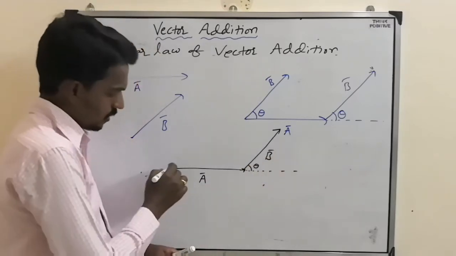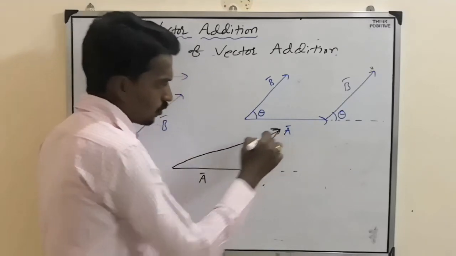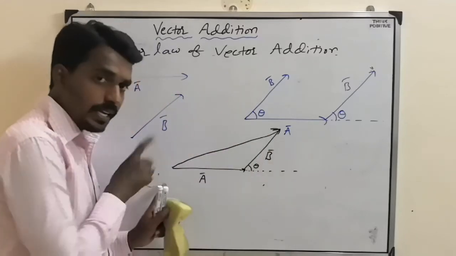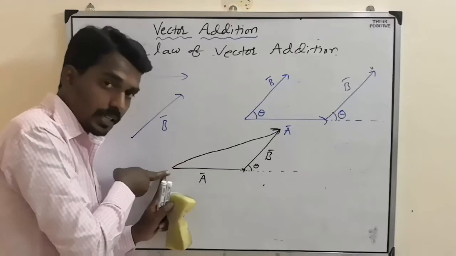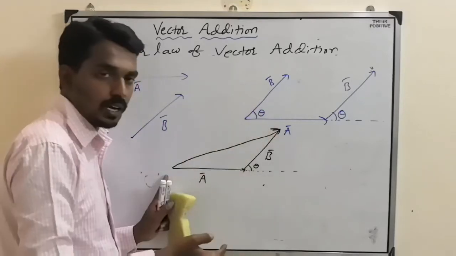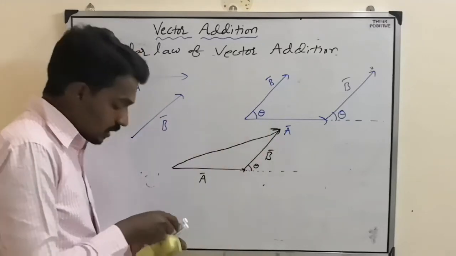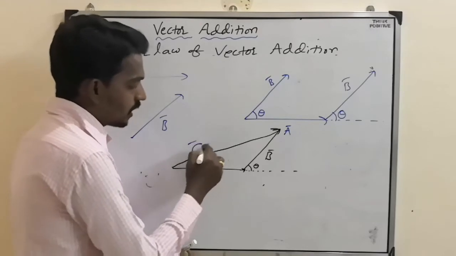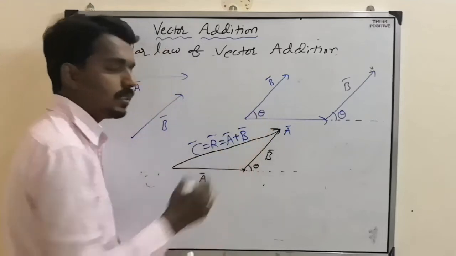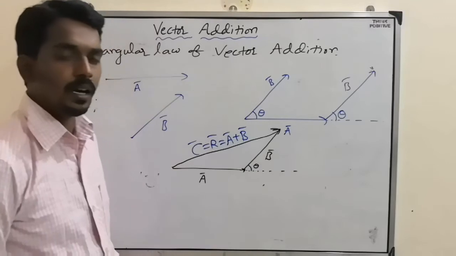Then if you join the initial point of the first vector and the final point of the second vector, then this is the resultant C bar or R bar, which is nothing but A bar plus B bar.